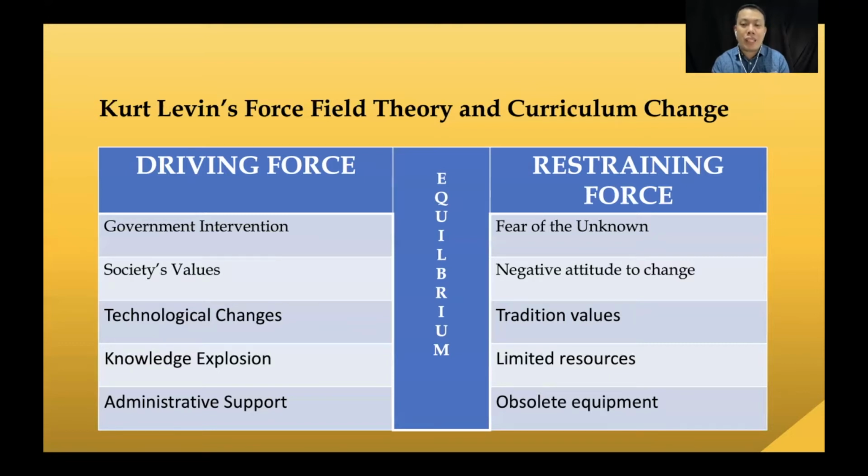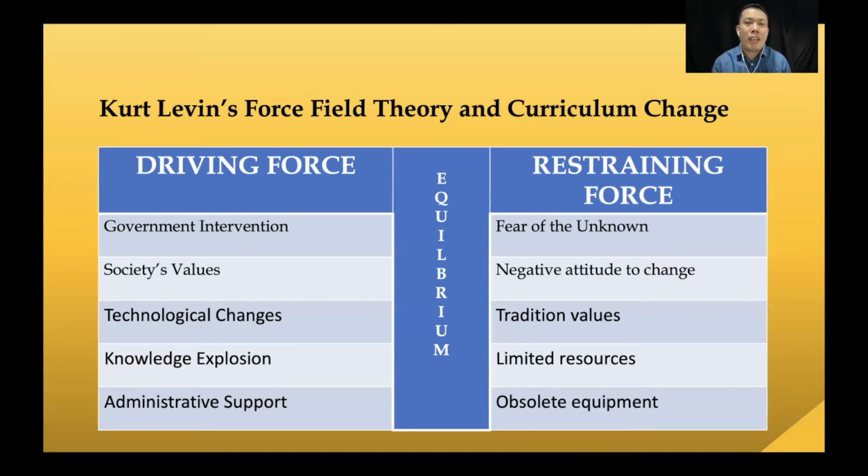So what are these? First, fear of the unknown. During the interviews way back before the implementation of the K-12 curriculum, a lot of parents were clamoring that we do not need senior high, we do not need K-12. We would like our children to finish high school as early as possible, to enter college and finish it also as early as possible so that they can help us in our daily life.